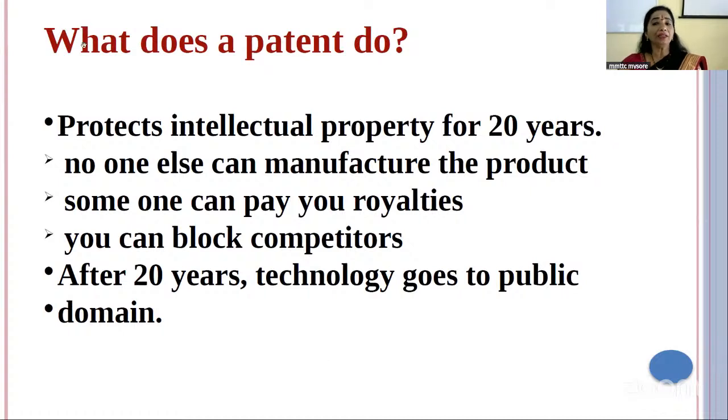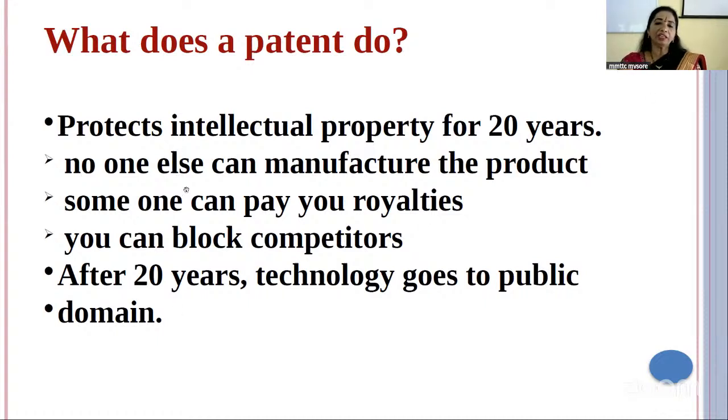What does a patent do? Suppose I say, I was doing my research and I found some part of my work is very unique and very novel, and I'll patent it. It will protect that intellectual property for the next 20 years. No one else can manufacture the product without giving royalty to the person who patented it.